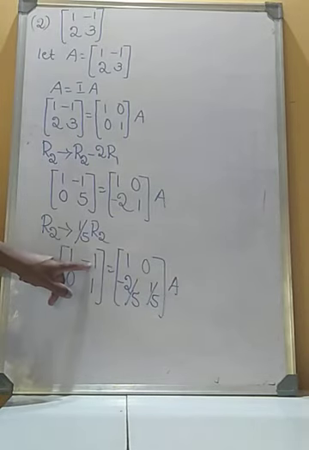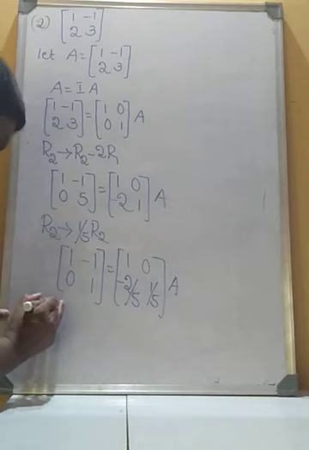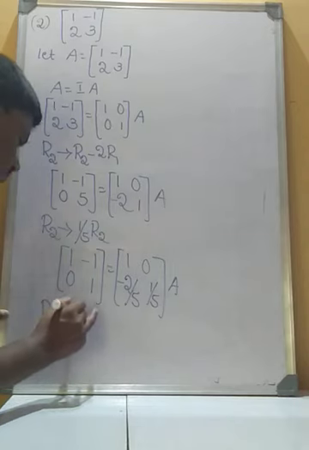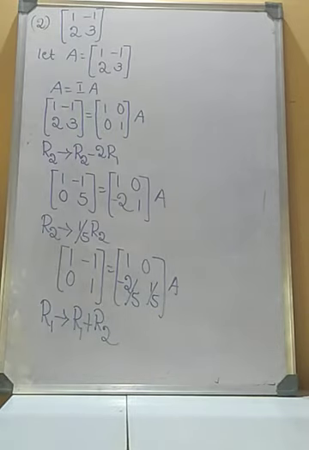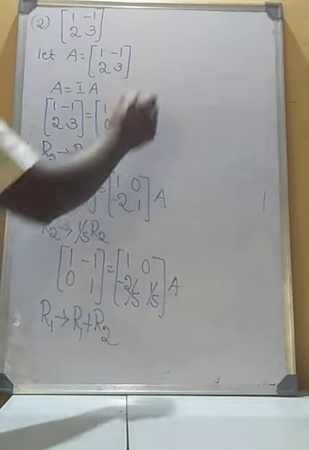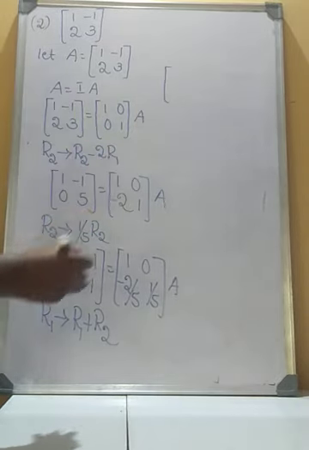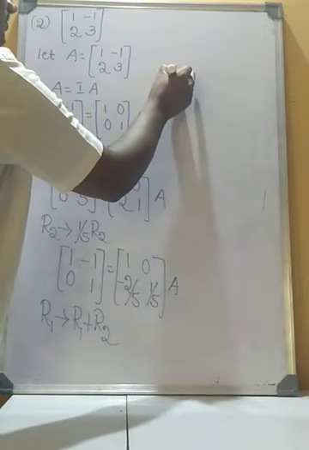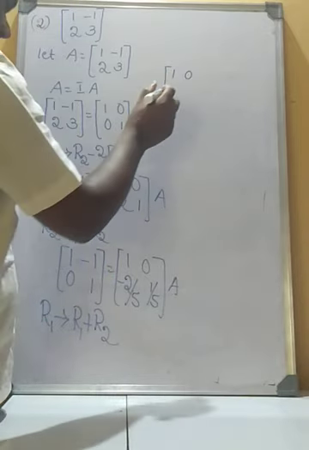The next, first row second element 0, make it the form. Minus 1 is here. By using the operation, R1 becomes R1 plus R2. So therefore, in the left hand side, 1 plus 0 becomes first element is 1; minus 1 plus 1 gets cancelled, 0.